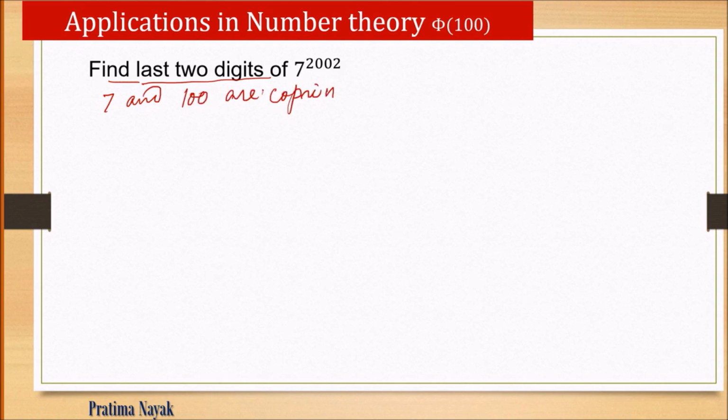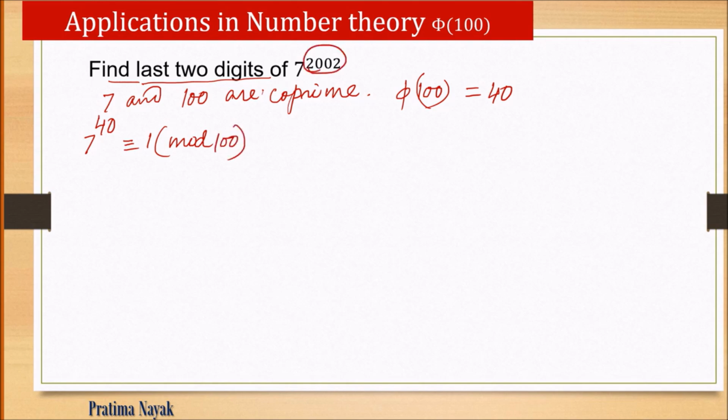So I can apply this phi function here. So phi of 100 equals 40. We have already calculated it, no need of writing again and again. So 7 power 40 is congruent to 1 modulo 100.